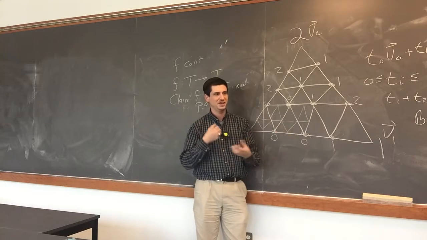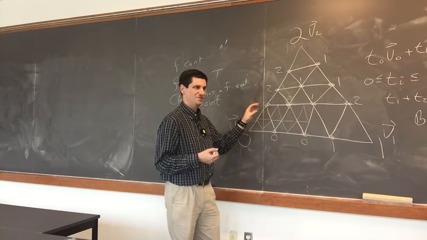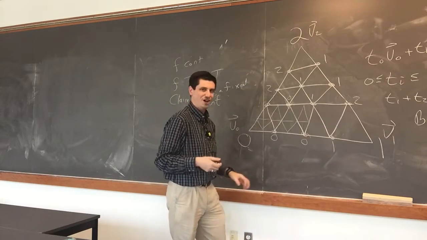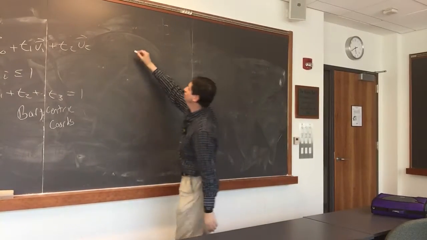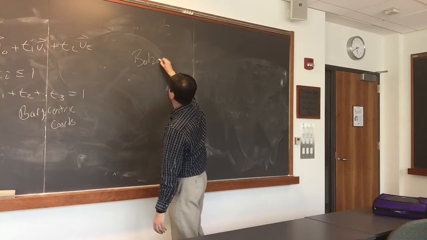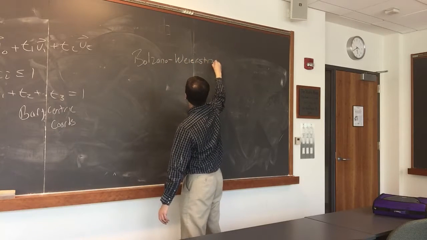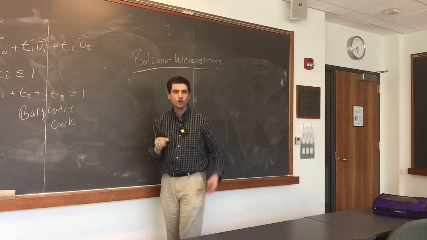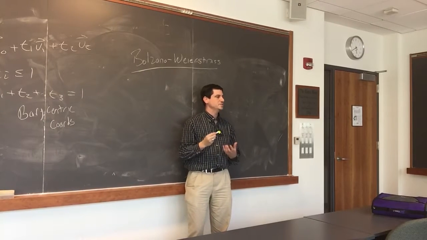Has everybody seen enough analysis to be comfortable with this? You can say no if you haven't. All right, so let's do a brief aside. This is called Bolzano-Weierstrass. If I have a compact set, given any sequence, it has a subsequence that converges.